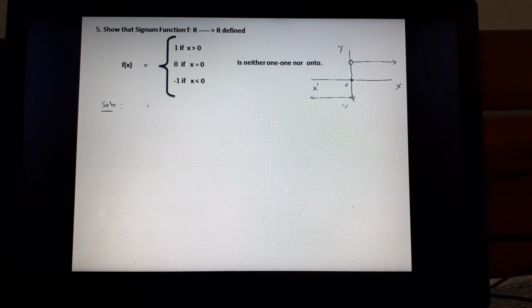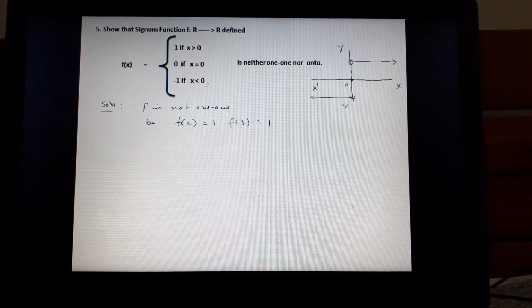So definitely we can say now f is not 1-1, because f of 2, if you take, for example, it is 1. f of 3, if you take, this is also 1. Anything more than 0, all are 1. This implies f is not 1-1.